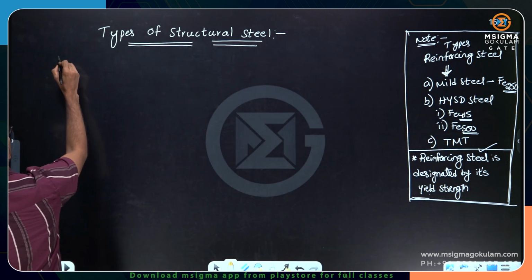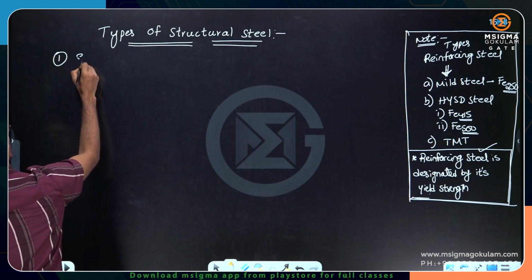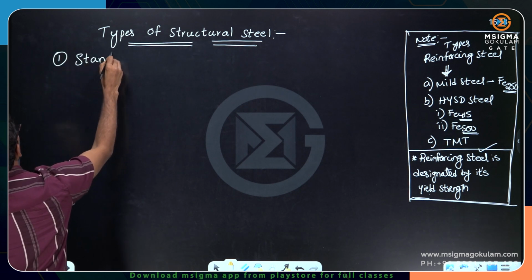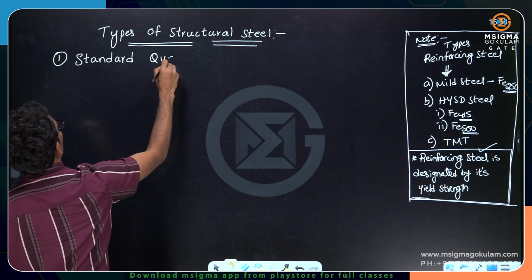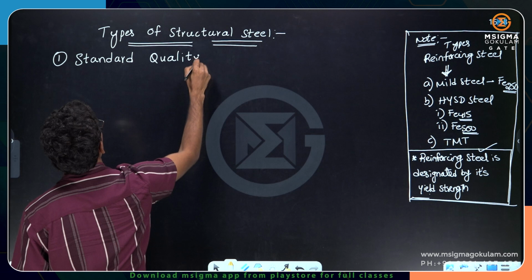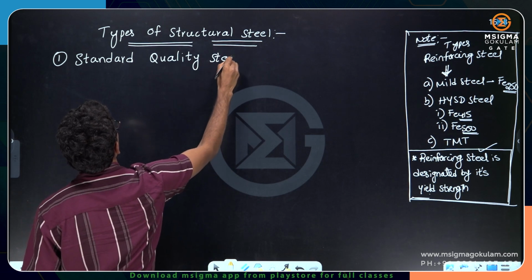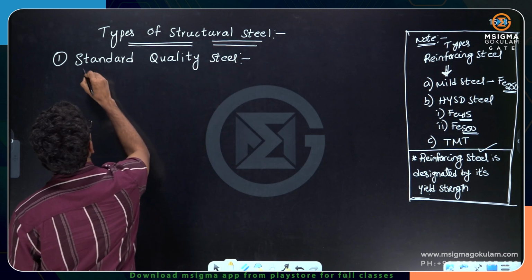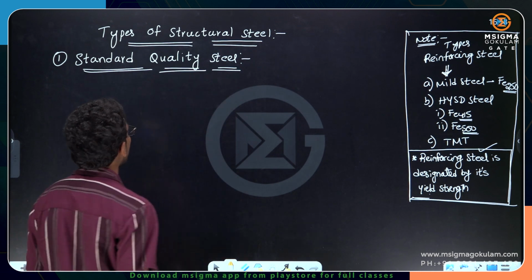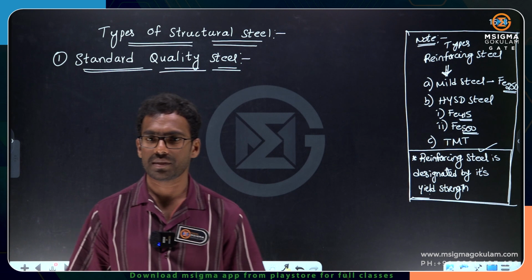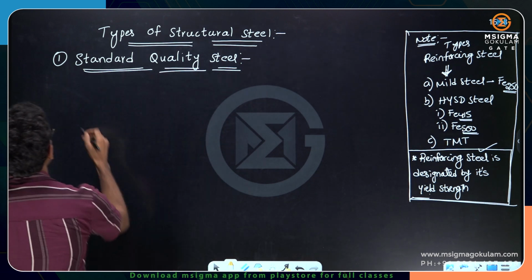So, types of structural steel, the first one is standard quality steel. What is the standard quality steel? This is one of the structural steels we are using very frequently for the construction of structures. So it is the most commonly used steel.